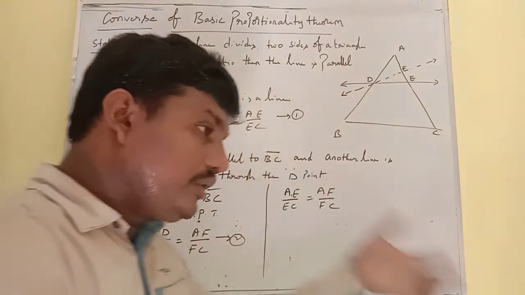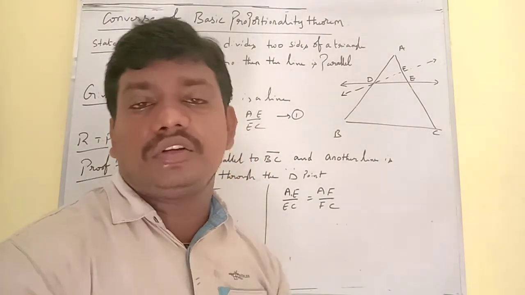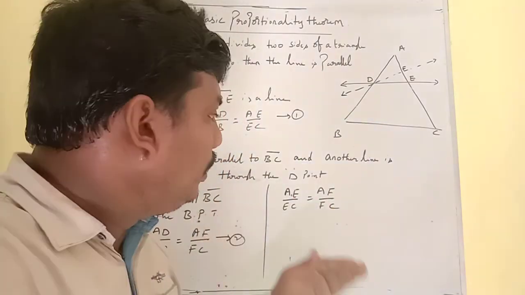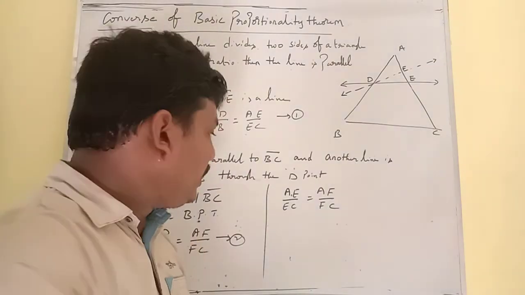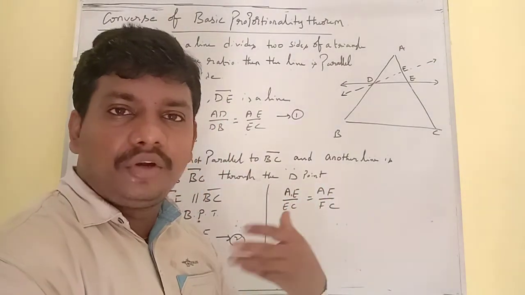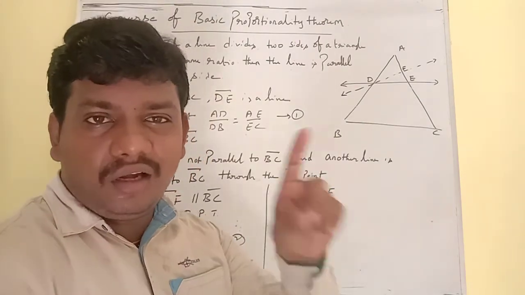So if any ratio is equal, its componendo is also equal, its dividendo is also equal. There are some rules regarding ratios. Here the ratio AE by EC is equals to AF by FC. I am going to apply the componendo rule. Componendo means simply adding 1 on both sides.